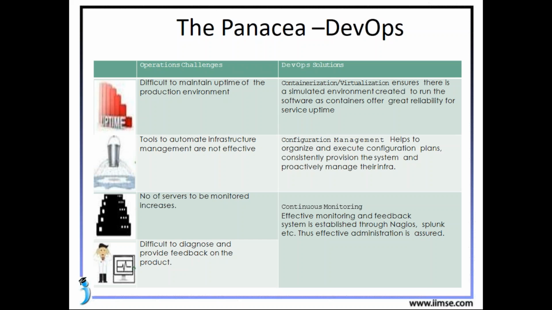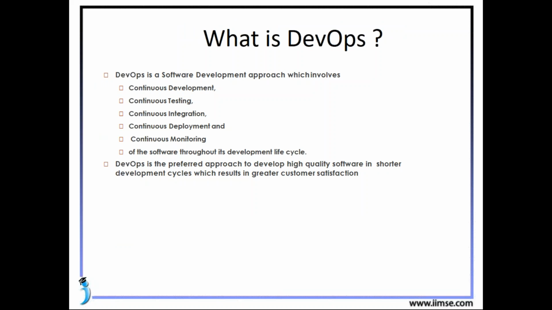It is the preferred approach to develop high quality software in shorter development life cycles, which results in greater customer satisfaction. As I said previously, Facebook, Netflix, Amazon and many companies are using this kind of technology, and the usage of DevOps is spreading like anything.